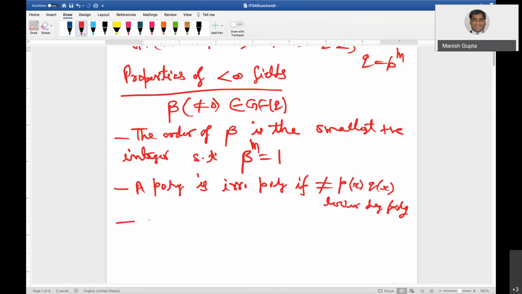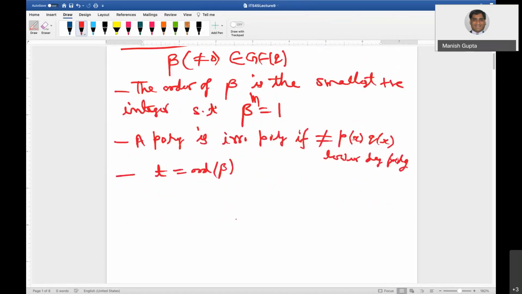Next property: if t is the order of beta, that means beta^t = 1 and t is the smallest such integer, then t divides q minus 1. Why is that?